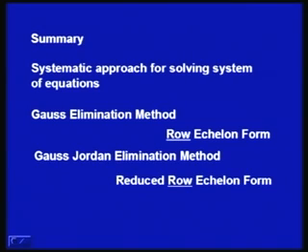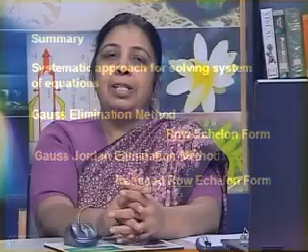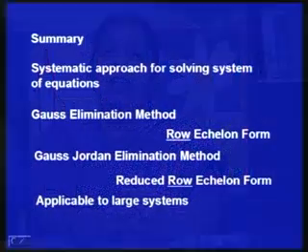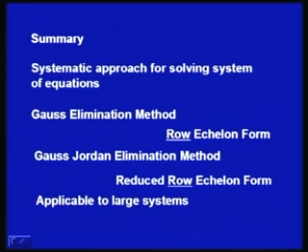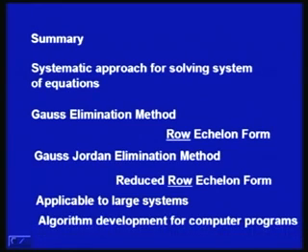Basically, we have to apply row operations to transform the augmented matrix. This is important because only row operations have to be applied. This gives us a method for solving large systems of equations. It is a systematic approach, and these methods can be used for algorithmic development so that systems of equations can be solved with the help of computers.